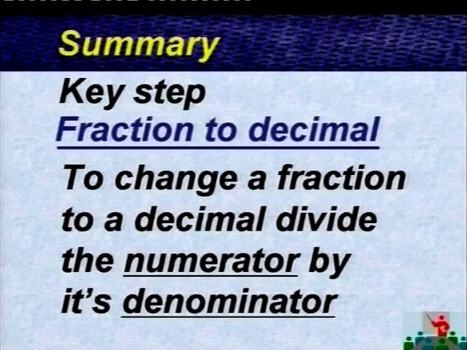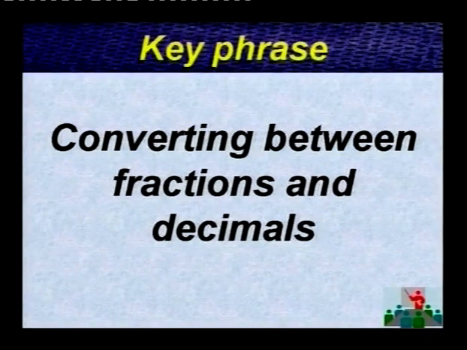So these are the key points that you must remember when you are changing fractions to decimals and decimals to fractions. Our key phrase for today's lesson is converting between fractions and decimals.